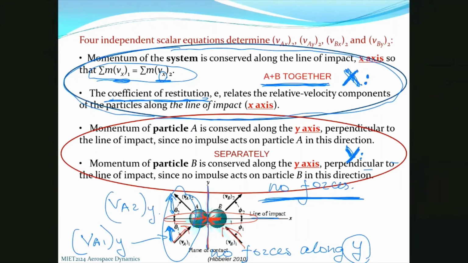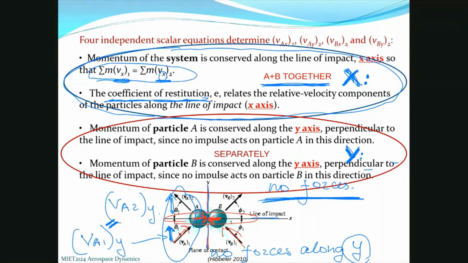And because we know that there are no forces, no acceleration, no change in velocity, we can say what? That this one will be equal to this one. This is from a conceptual point of view, and as a way to predict a possible result.